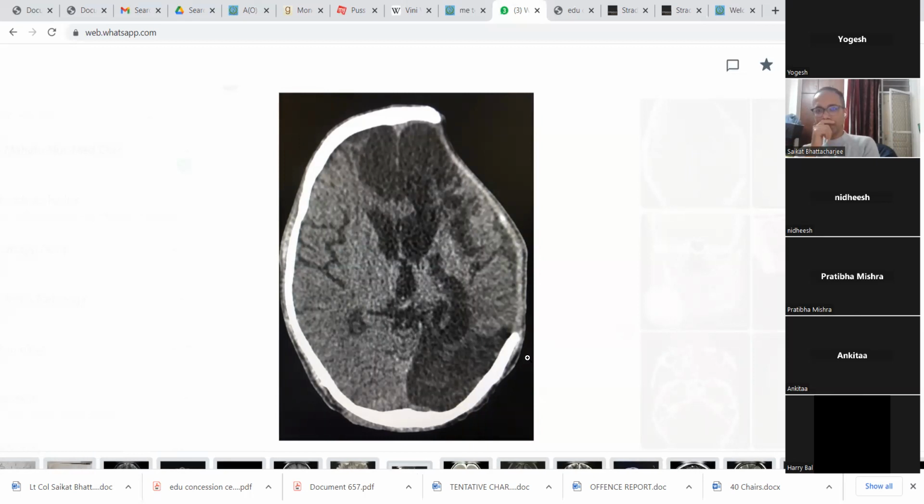Pratibha, what do you think happened here? Sir, post encephalomalacia and gliosis both. Why? They did a craniectomy and then the patient underwent some gliosis underlying.